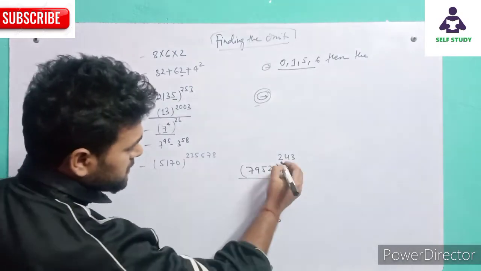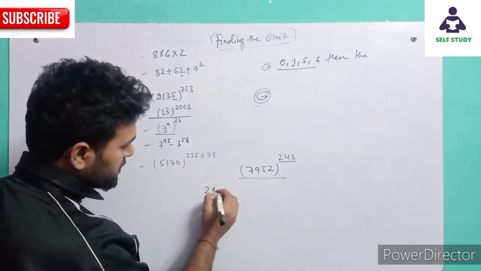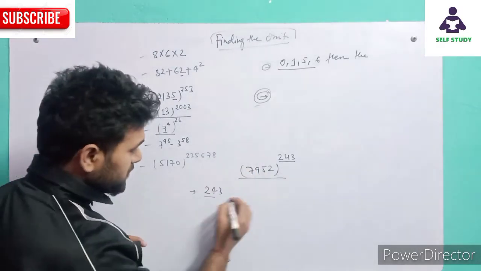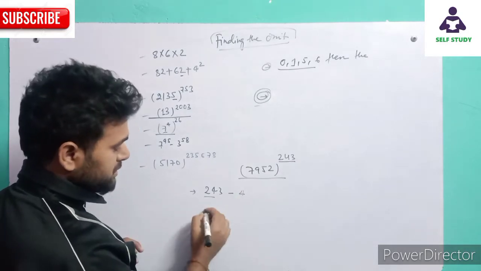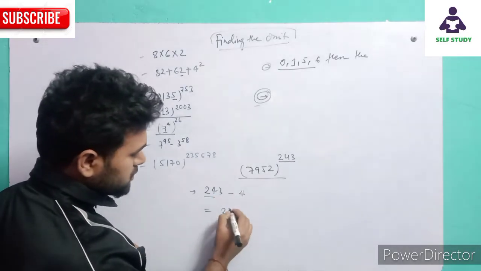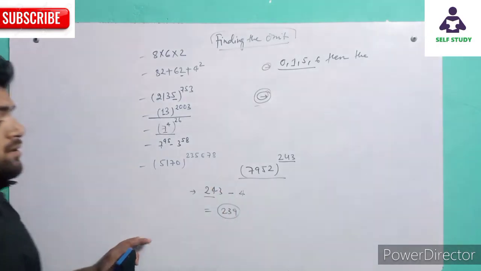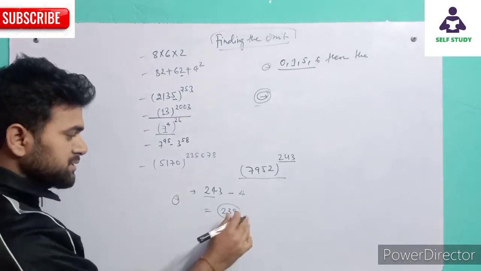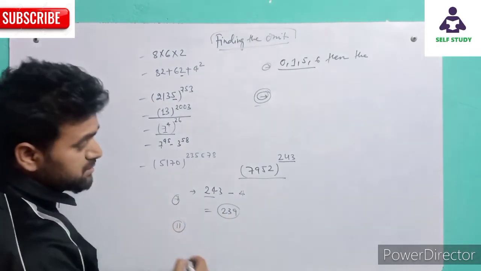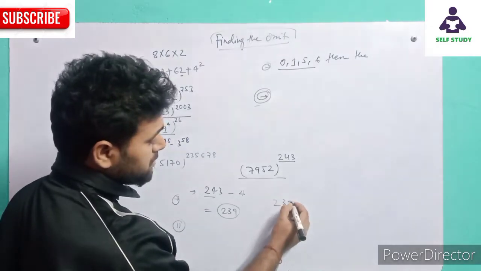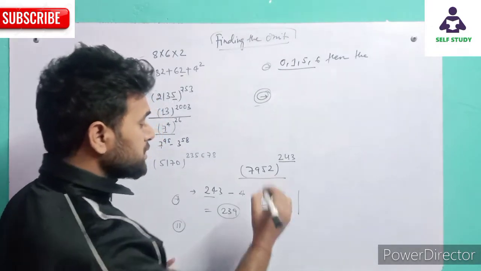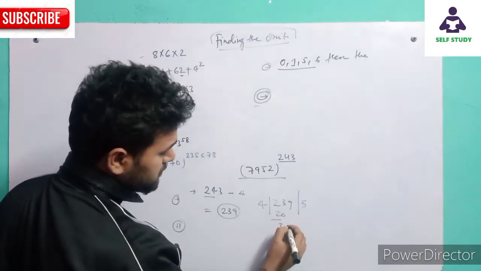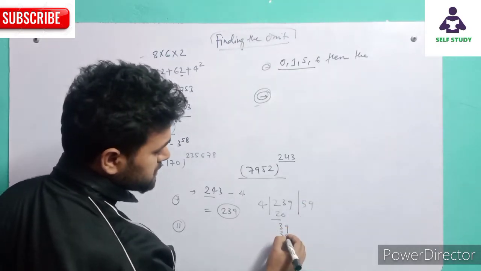Simply we take the power, 243. After taking the power, we subtract 4 from it, that means 239. This is the first step. The second step is to divide 239 by 4. 4 5s are 20, 4 9s are 36.